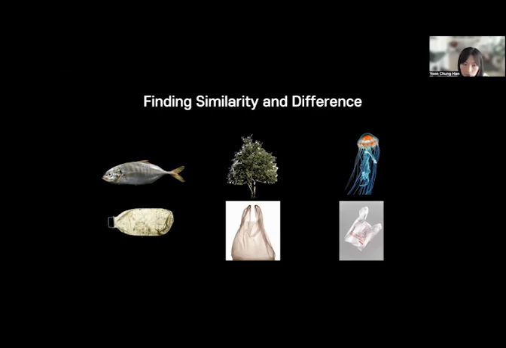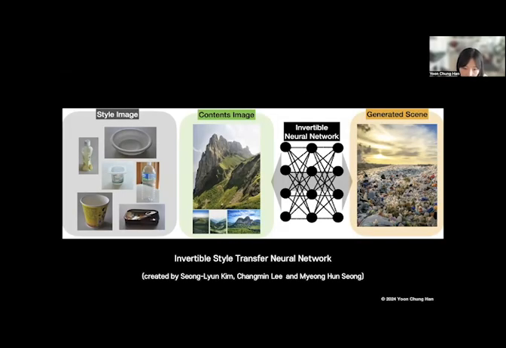In the faraway view, it looks like a normal landscape, but when you get closer, you can see something is weird, something is different: a lot of plastic things cover everywhere. So that was my first intention.